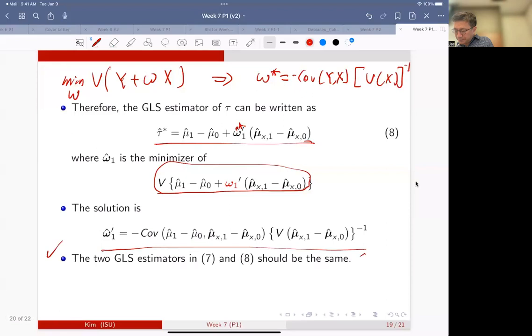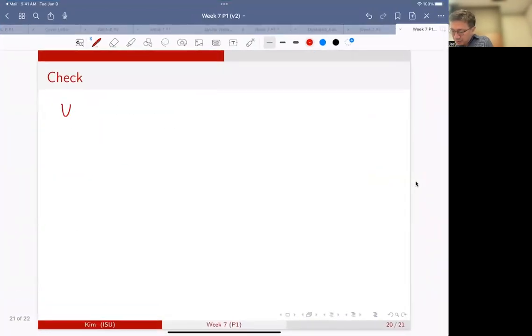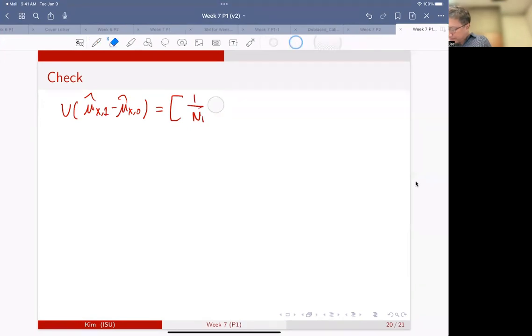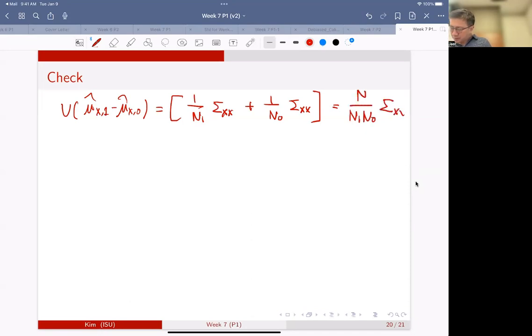So what is the variance of mu hat x1 minus mu hat x0? That is 1 over n1 sigma xx plus 1 over n0 sigma xx. So that is n1 n0 over n sigma xx.